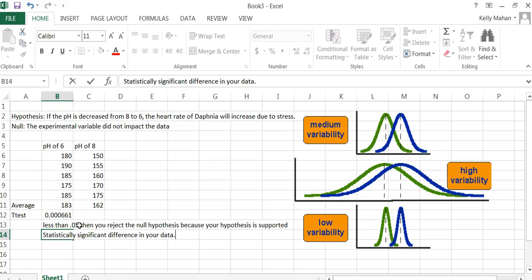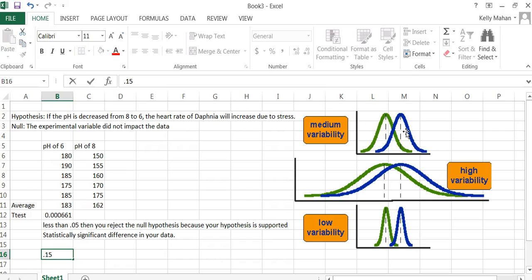Now, if my t-test value was, say, 0.15, that is not less than 0.05. Pretty much what I'm saying is that there's a 15% chance that the differences between my two groups are just due to random chance.